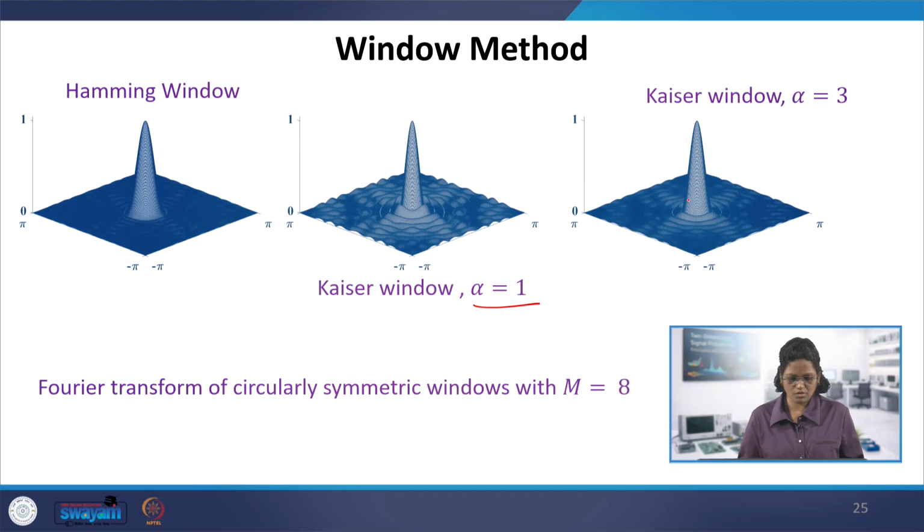These are the responses of the window functions for M equal to 8, the number of samples being 8. Rectangular will have a sharp main lobe, and the Hamming window will have a little larger main lobe, and the Kaiser window can be tuned: with alpha equal to 1 there is a smaller ripple, and alpha equal to 3 will have smaller ripples.